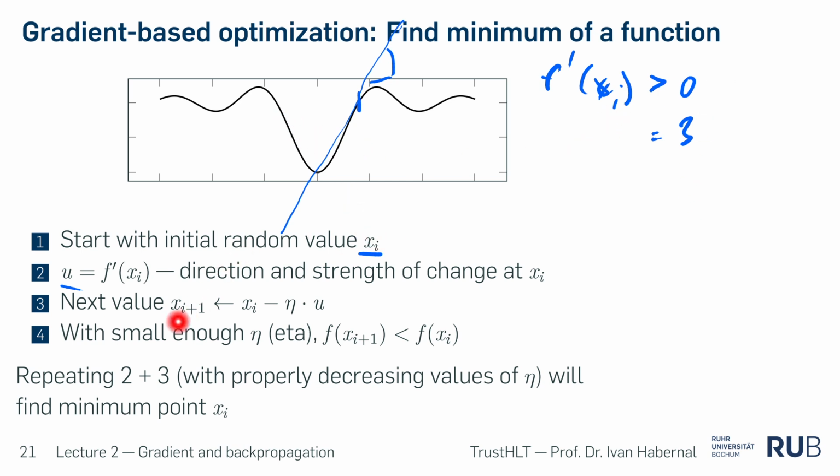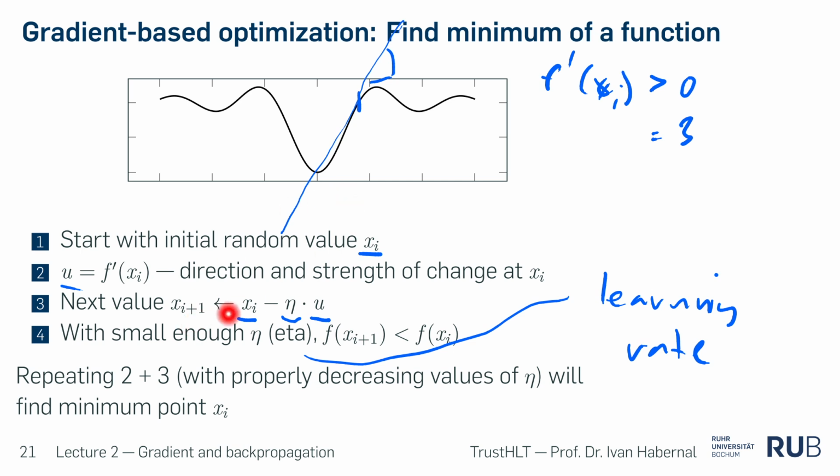Okay, and then what we're going to do is take this value, subtract the value of this derivative multiplied by something very fancy, the Greek letter eta, and we call it the learning rate. And move x somewhere.